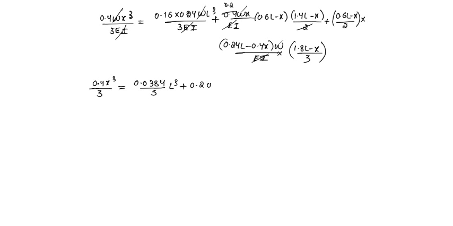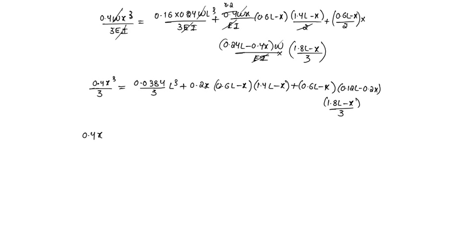This will be 0.2 into x into 0.6 L minus x into 1.4 L minus x plus this will be 0.6 L minus x into 0.12 L minus 0.2 x into 1.8 L minus x by 3. 0.4 x cube, let us take this 3 on the other side. It will be 0.0384 L cube plus, let us multiply this.